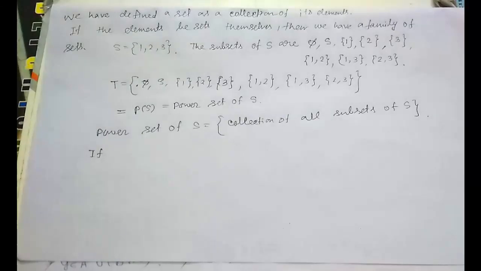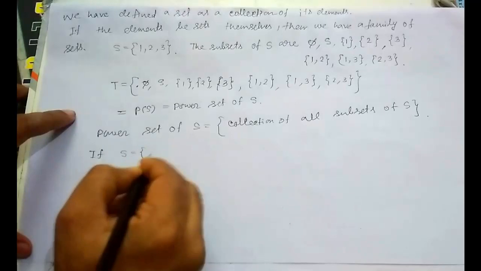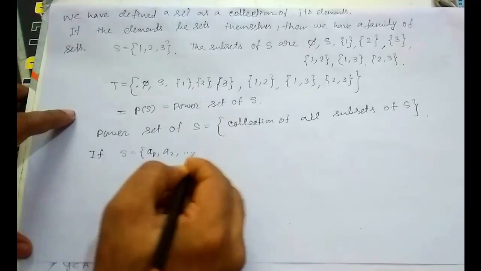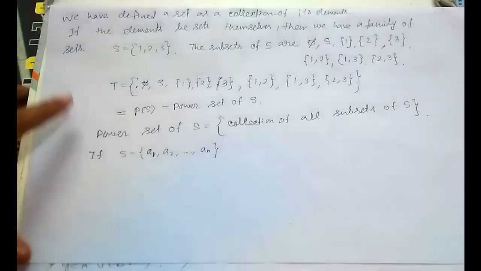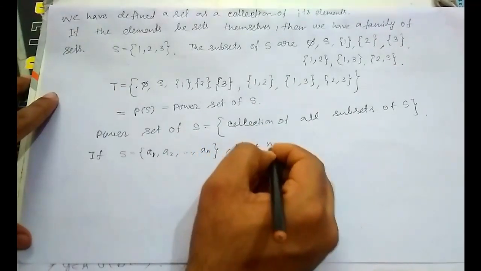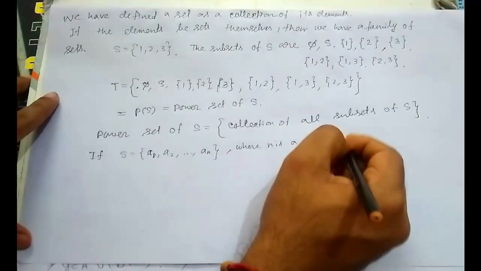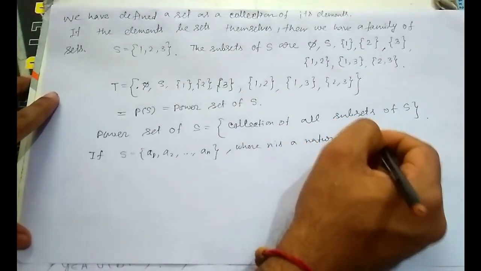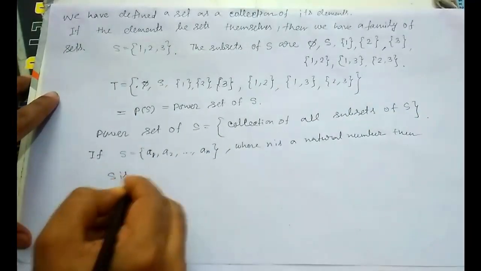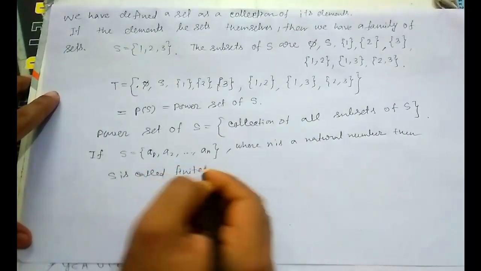Okay, if S is a set containing n elements, where n is a natural number, then S is called a finite set.